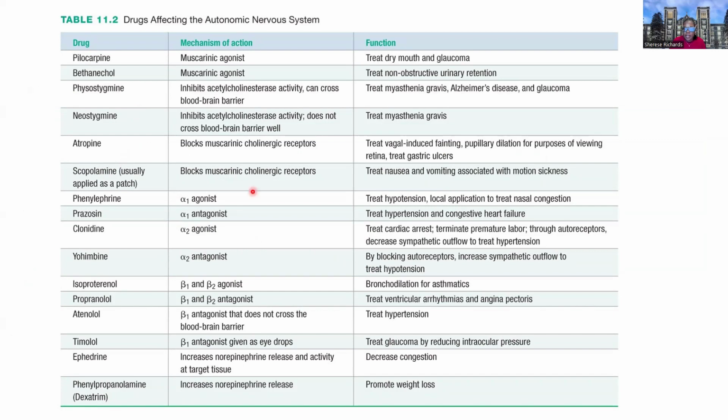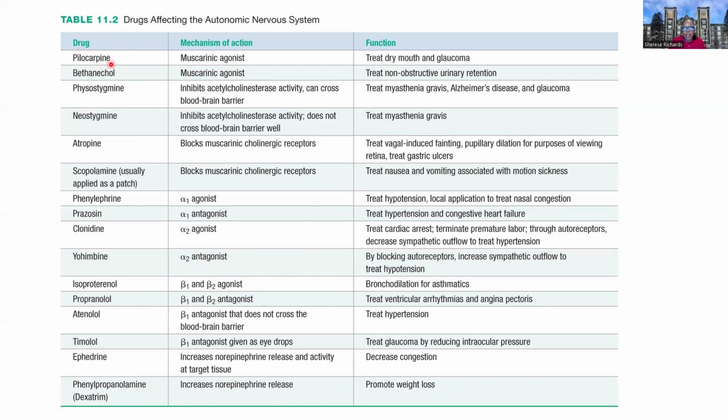For example, with asthmatic patients, they usually have airway inflammation, sometimes caused by environmental allergens or environmental exposure, sometimes cold exposure, but that ends up constricting their airways and making it very difficult to breathe. So isoproterenol is a beta-2 agonist that can mimic the beta-2 response, mimic the sympathetic response, and bring about bronchodilation. So that can be very therapeutic for patients who have asthma. It's going to open up their airway and it's going to help to make breathing much easier.